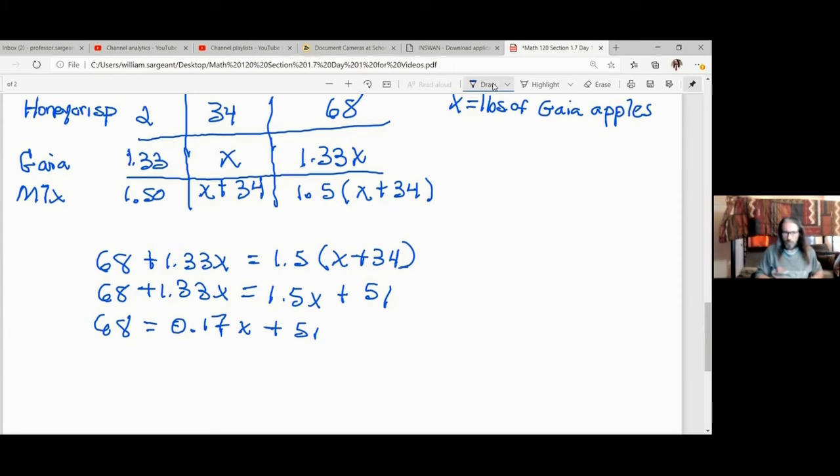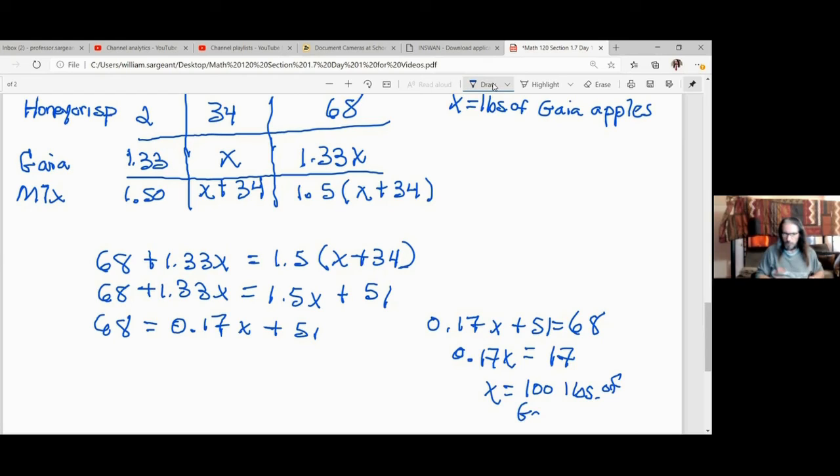If you'd rather see it written this way, you can. Subtract 51 from both sides. Divide 17 by 17 hundredths, and you get 100 pounds of the Gaia apples.